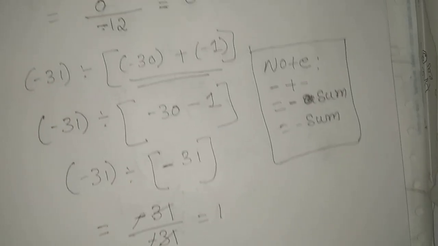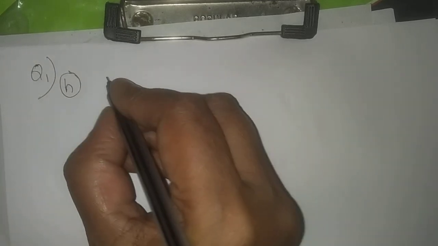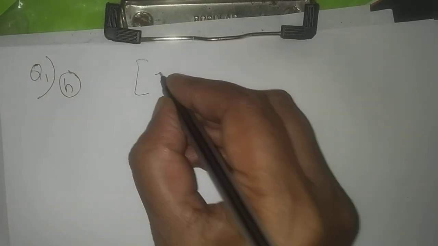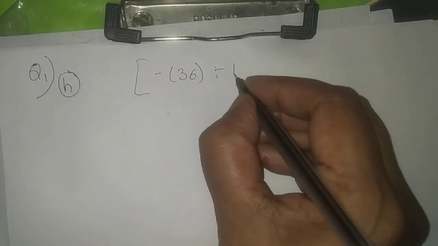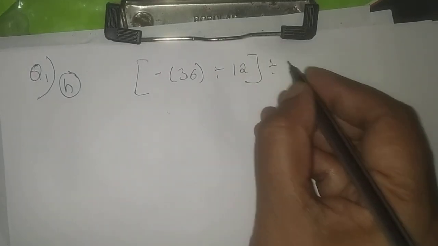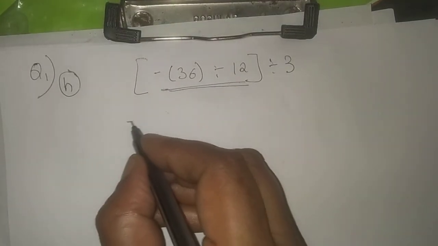Then we move on to the next step, that is H. Question 1, part H. H is minus 36 divided by 12 divided by 3. So we have to solve this first.